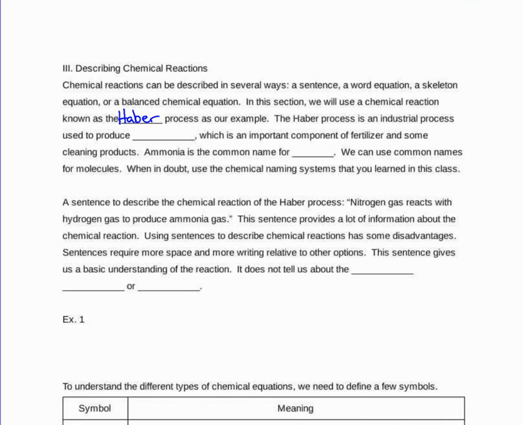So as we go through this, pay attention, make sure you understand it. It's not that complex, but if you don't put in the effort to remember it, then on whatever day it comes up, you probably won't feel prepared. So the Haber process is something I expect you to commit to memory.